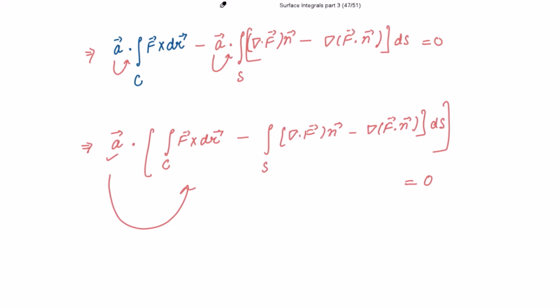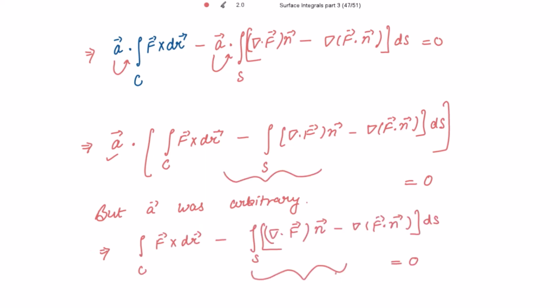So from this we can say that the complete terms in the bracket is equal to 0. Since a vector was arbitrary and its dot product with these two terms is equal to 0, this implies the complete terms in the bracket is equal to 0.